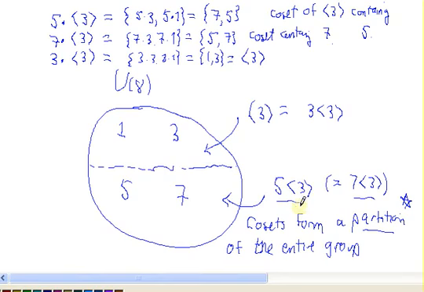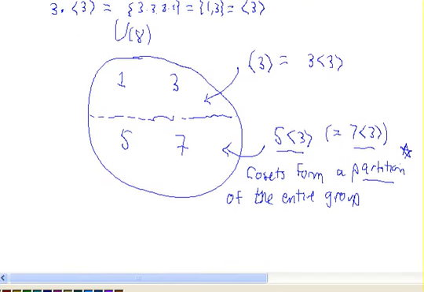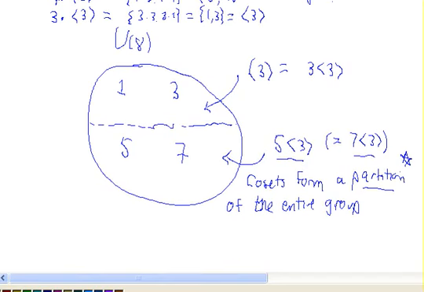Another important property that you can see from the way that cosets are defined: notice that when I define this coset 3 times angle brackets 3, I'm multiplying each element of angle brackets 3 by 3. Right? So if I start out with 2 elements in angle brackets 3, I'll end up with 2 elements in 3 times angle brackets 3. The point here is that every coset will have the same number of elements as the original subgroup.